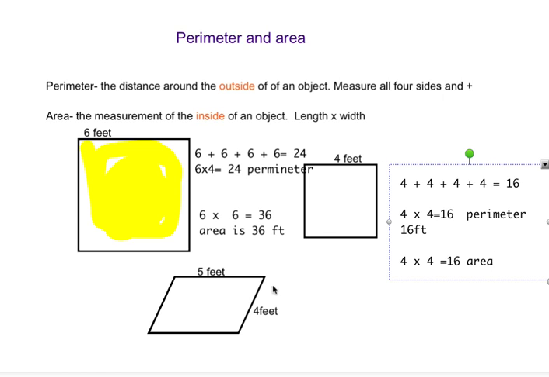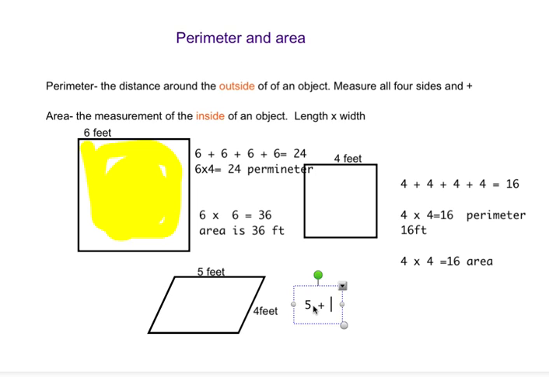To do this perimeter, I have 2 different measurements because it's not an exact square. So I have to do 5 plus 5 because I have 5 on the top and 5 on the bottom. And I also have to do each side, so 4 plus 4.